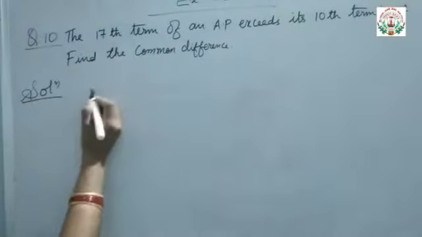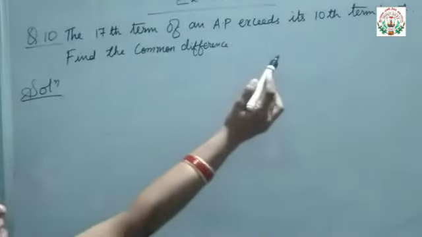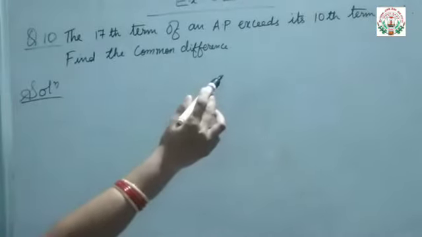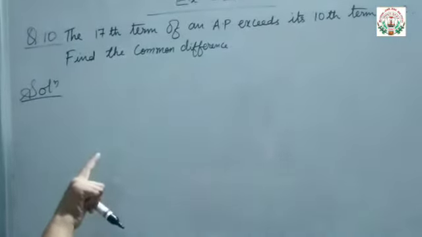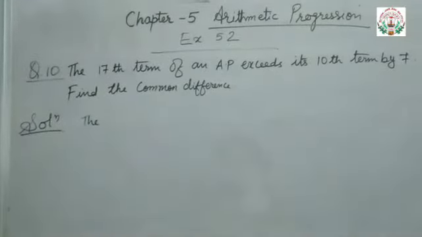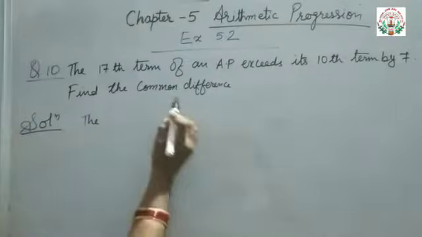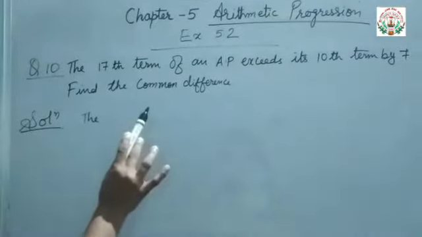Okay, so we will write now what is given. Here the 17th term and the 10th term you will have to find using the nth term formula. Okay, clear now? So you can write here. Now you have to first write the 10th term and the 17th term of this AP.